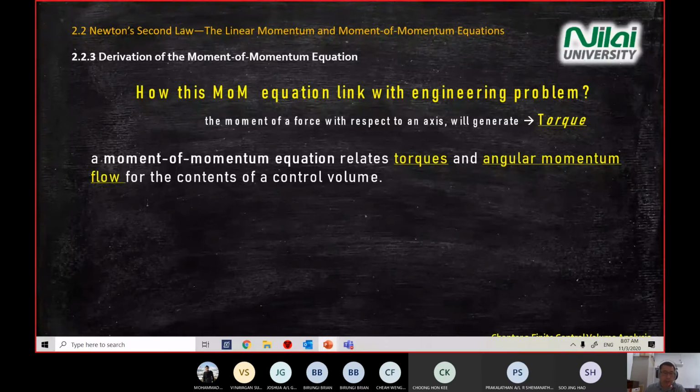The MOM equation, or moment of momentum equation, relates two things: torques and angular momentum flow. Another name for torque is moment. Torque is force times distance.